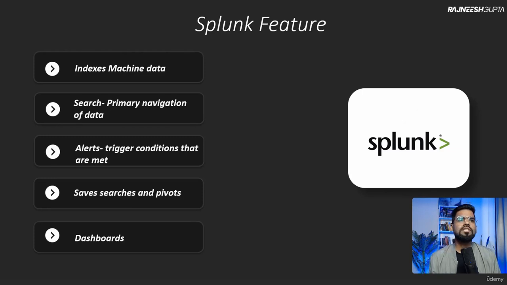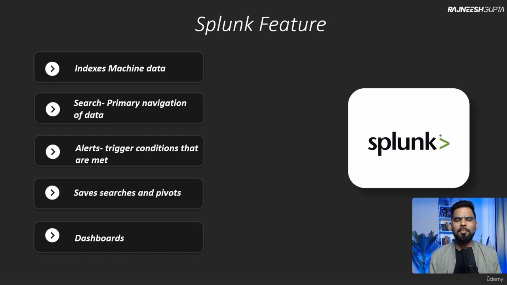We have learned about the features of SIEM, but this is very specific to Splunk. And what is really special about Splunk SIEM software? So the first thing is it indexes the machine data. It's obviously pretty similar. You get to see everything. Splunk itself collects the data and indexes it. That's nothing really special.